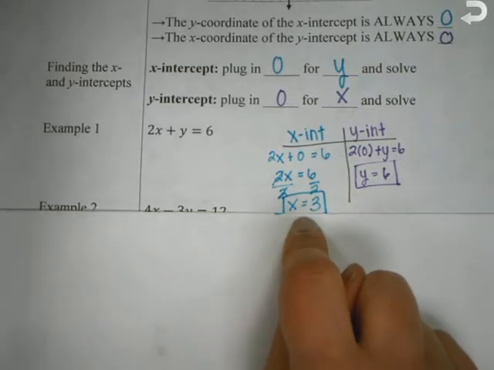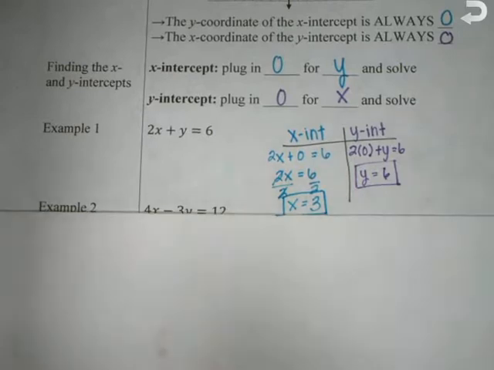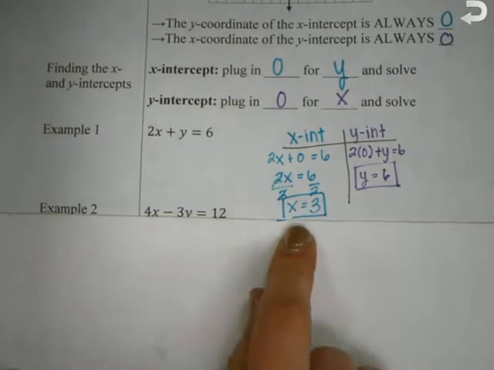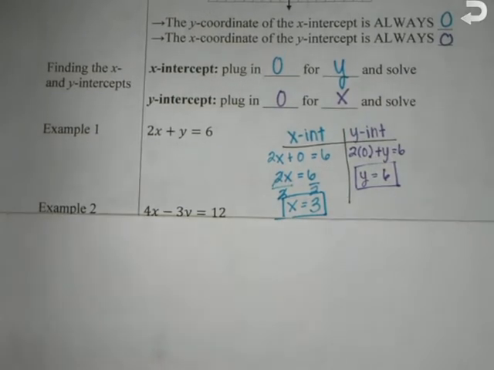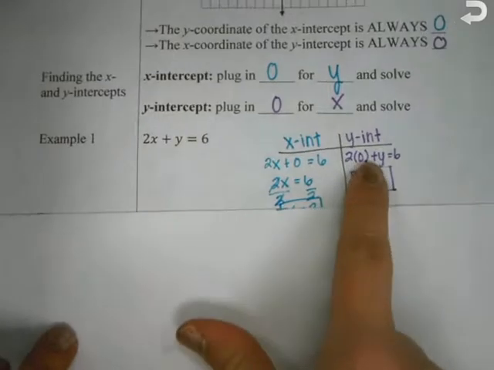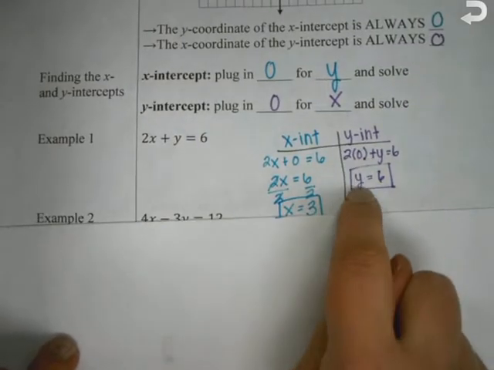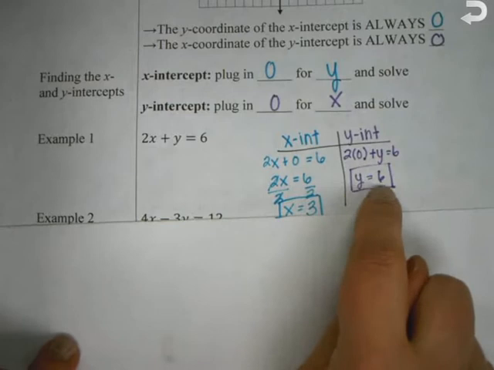The x-axis. For the y-intercept, we plug in 0 for x, which gave us 2 times 0 is 0, plus y equals 6. So my y-intercept, which crosses the y-axis, is at 6. So these are two separate points.